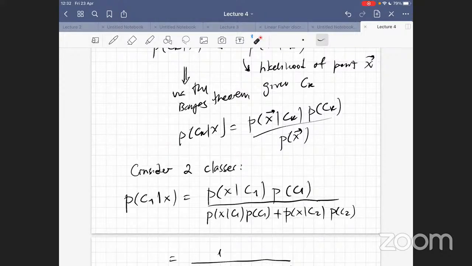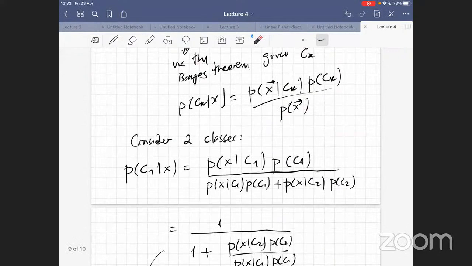Okay, so fine. Consider the example of two classes. What you are doing is to write the probability for class one given some x as the likelihood times the prior divided by this, because I have only two classes.